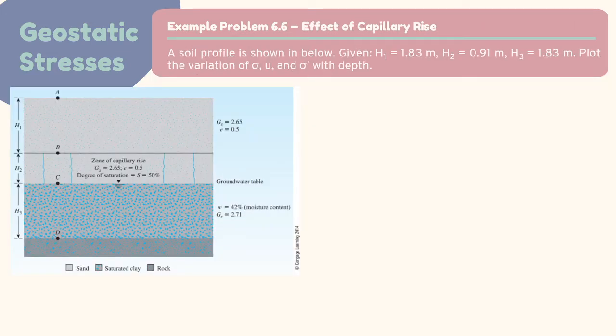Now we're down to the last example problem. A soil profile is shown below, and the heights of the different layers are also given. Now we are asked to plot the variation of the total stress, the pore water pressure, and the effective stress with respect to the depth.